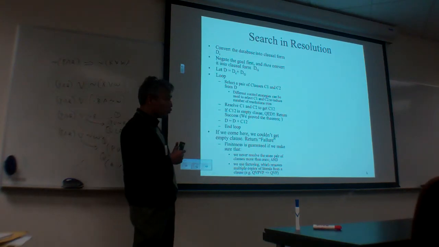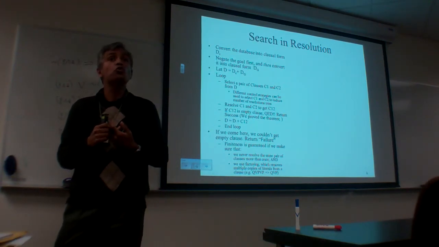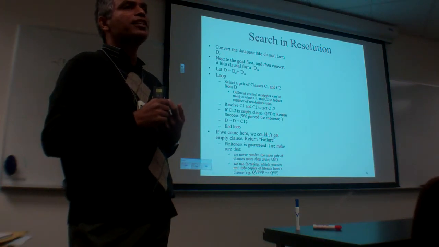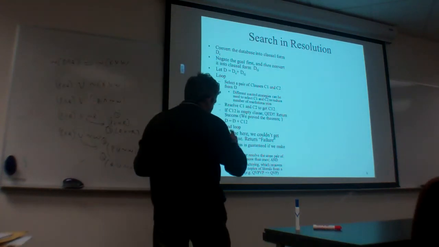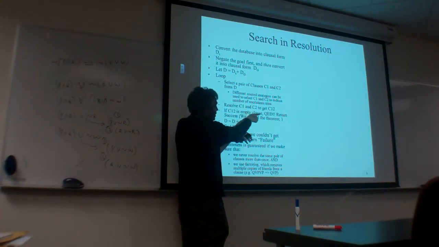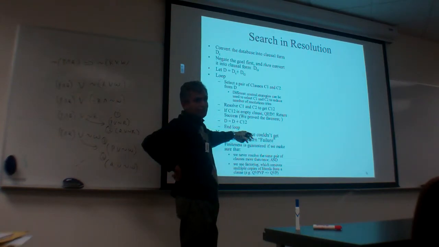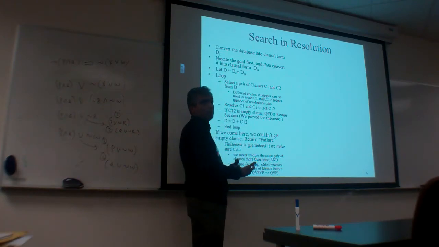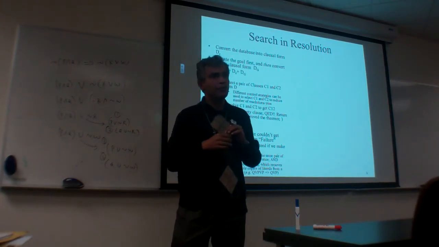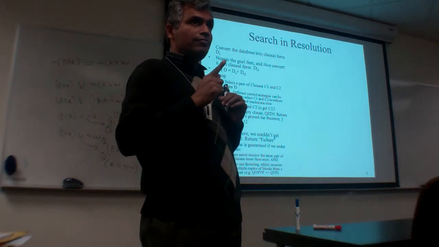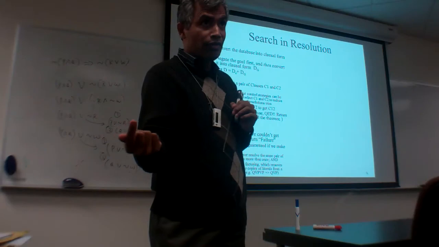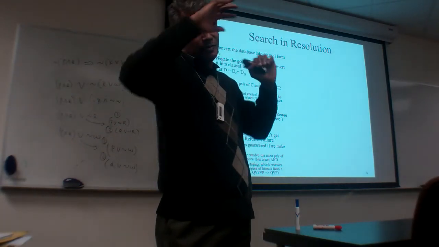If you fell out of this loop, that basically means you could not prove the theorem. Remember, if the theorem was true, then you would never fall out of the loop, because at some point of time you'll get an empty clause. If the theorem was not true, then you will fall out of the loop, and then you say the theorem can't be proved. There's an asymmetry in the theorem being true, the one that you're trying to prove, versus being false. Being false means it's not actually a theorem.